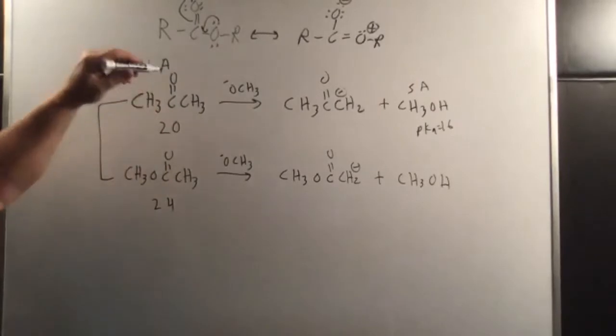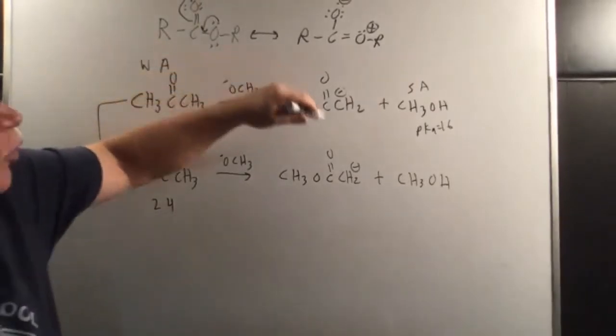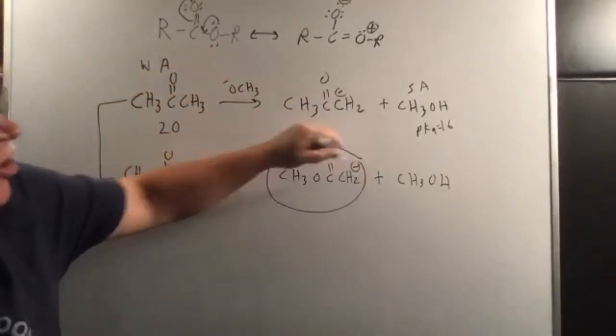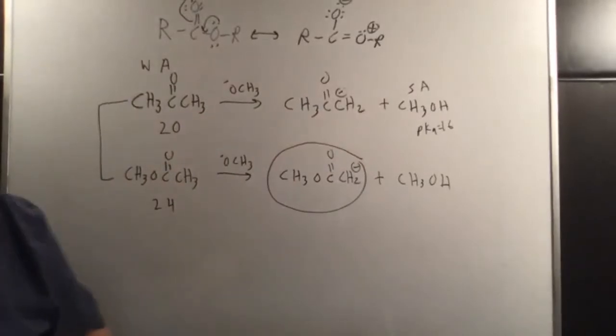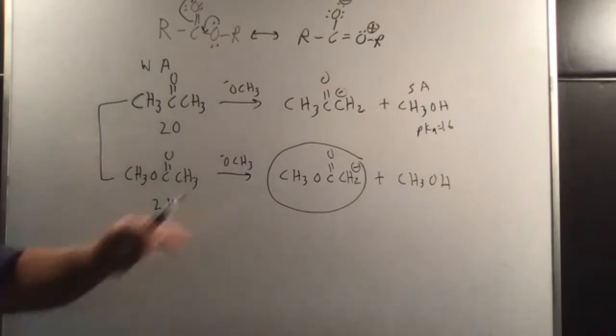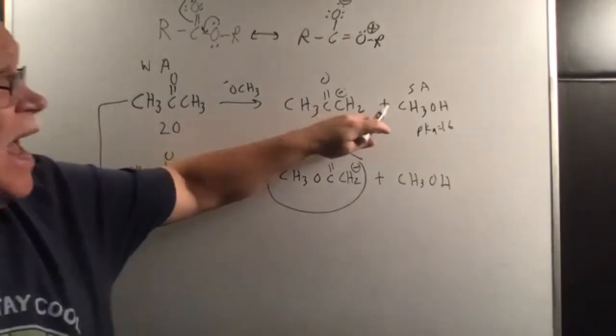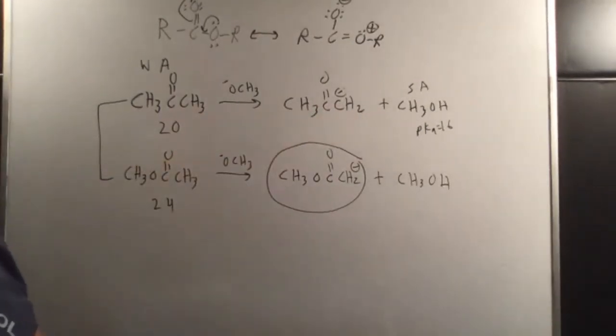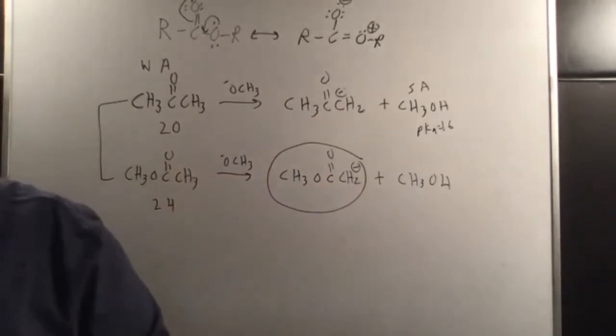So what we're going to do is look at the reactions of this. All we've done up to now is say that not only can we lose the alpha hydrogen off of a ketone, we can lose the alpha hydrogen off of an ester.